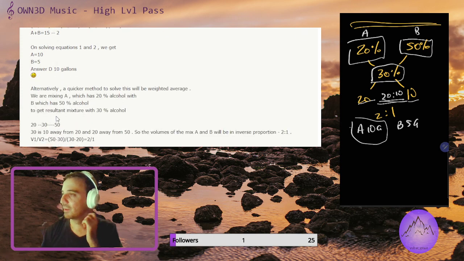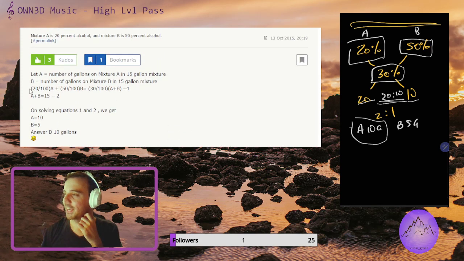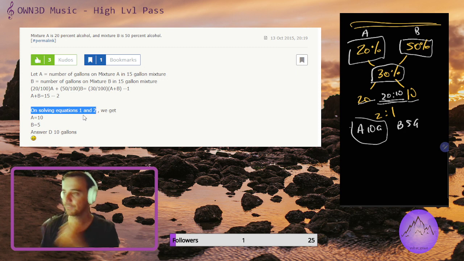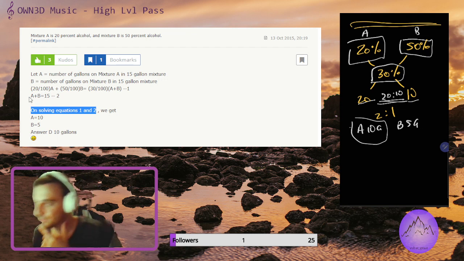Yeah, okay. So I feel like writing out this equation, it's actually not super complicated, but they said on solving equations 1 and 2, so they didn't actually write it out. And so if they did write it out, what would they have done? They would say 0.2A plus 0.5B equals 0.3 times A plus B. Yeah, A plus B equals 15.